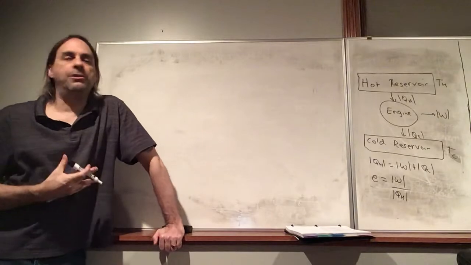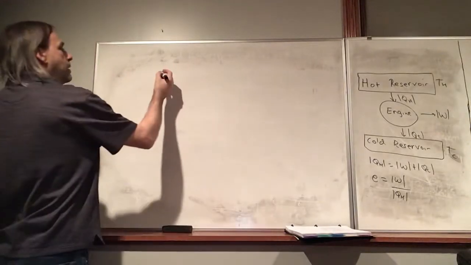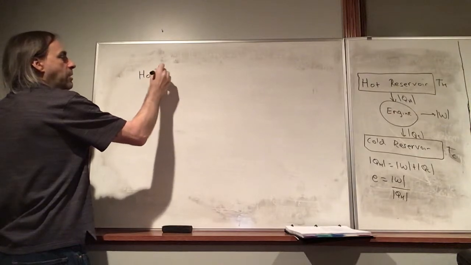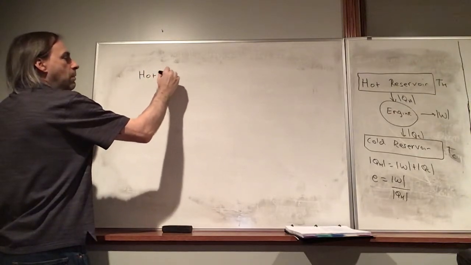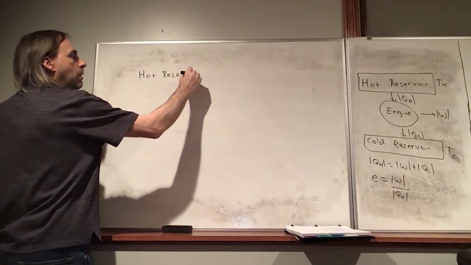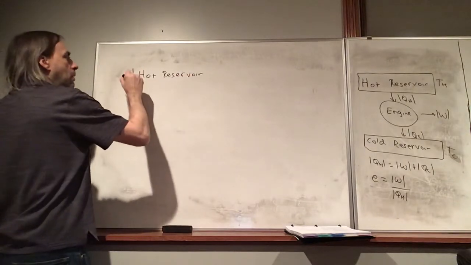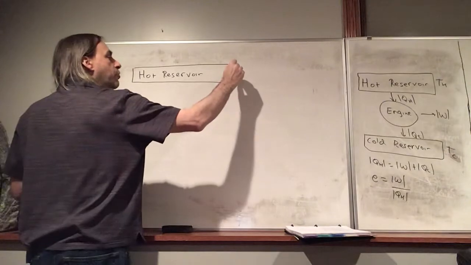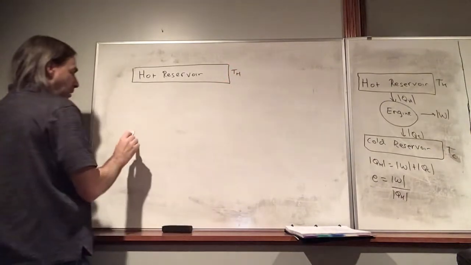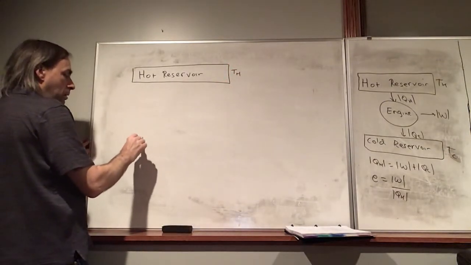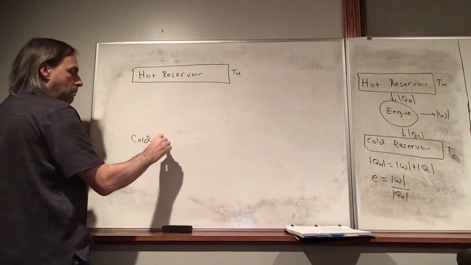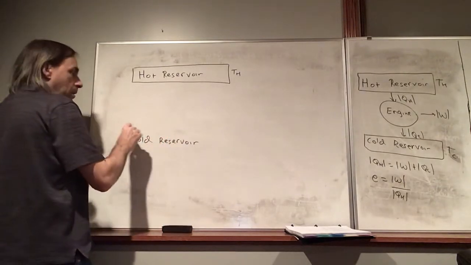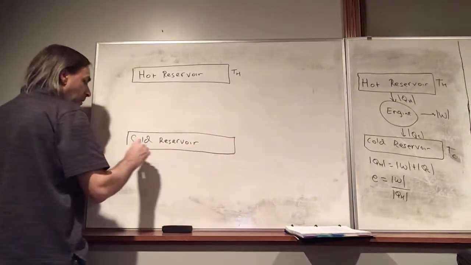So what I want to do is, say we have a hot reservoir at a temperature TH, and a cold reservoir at a temperature TC.